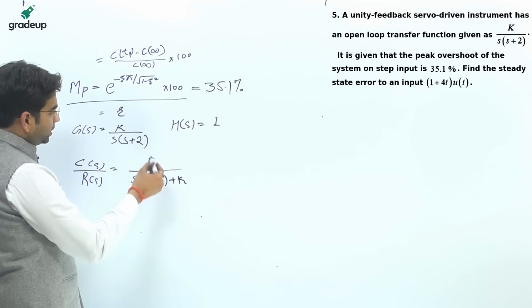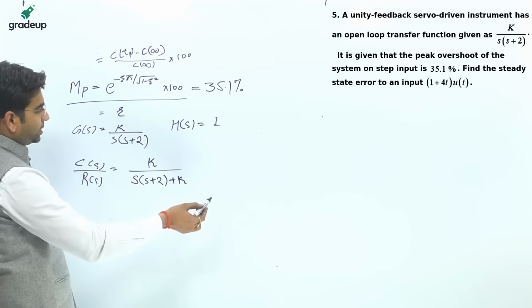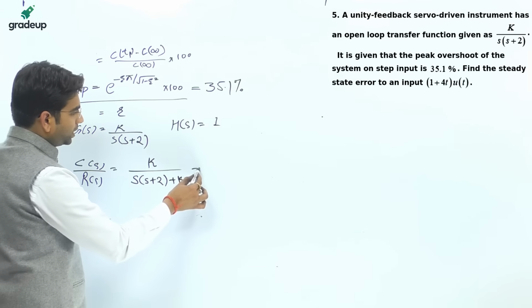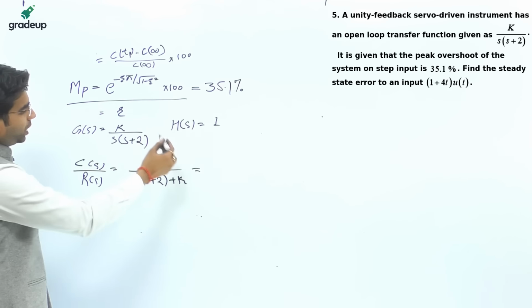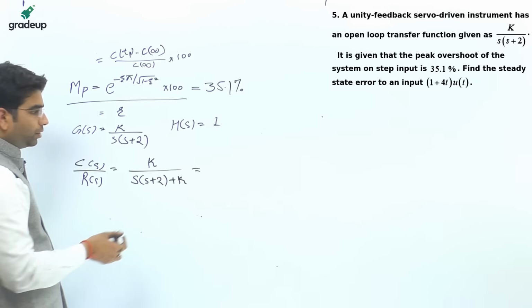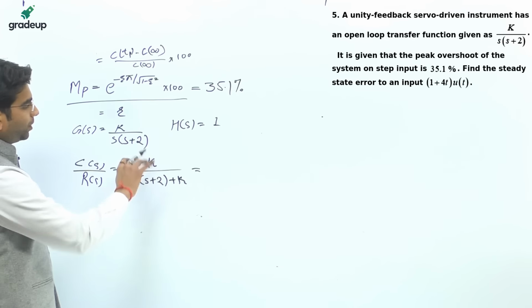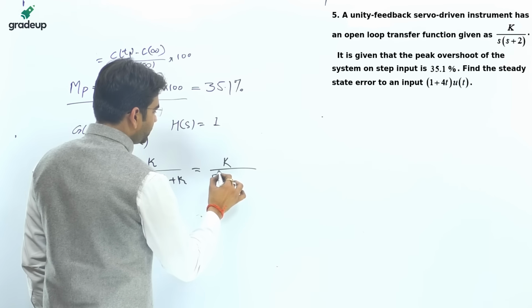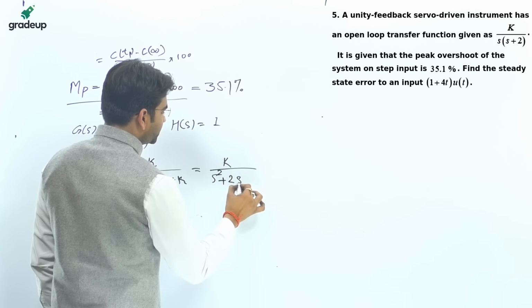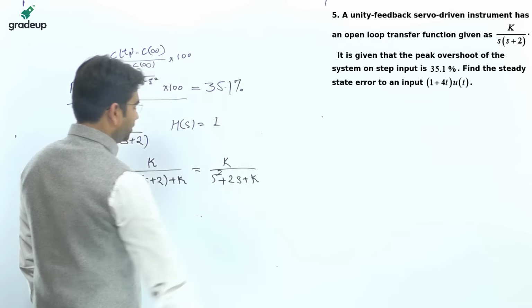Because G of S upon 1 plus G of S H of S ऐसे कर देना है इसको, ठीक है? See, the more you practice, shortcut ऐसे आ जाएंगे. The more you practice, आपको पूरा लिखने की जरूरत नहीं है. Every now and then you have to write the whole equation and just simplify it. Okay. So it will be K upon S square plus twice S plus K.